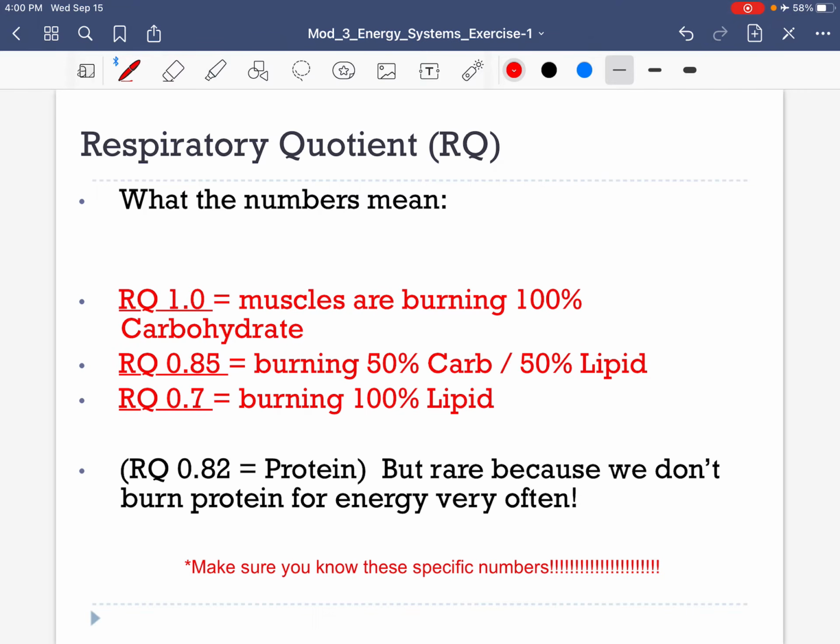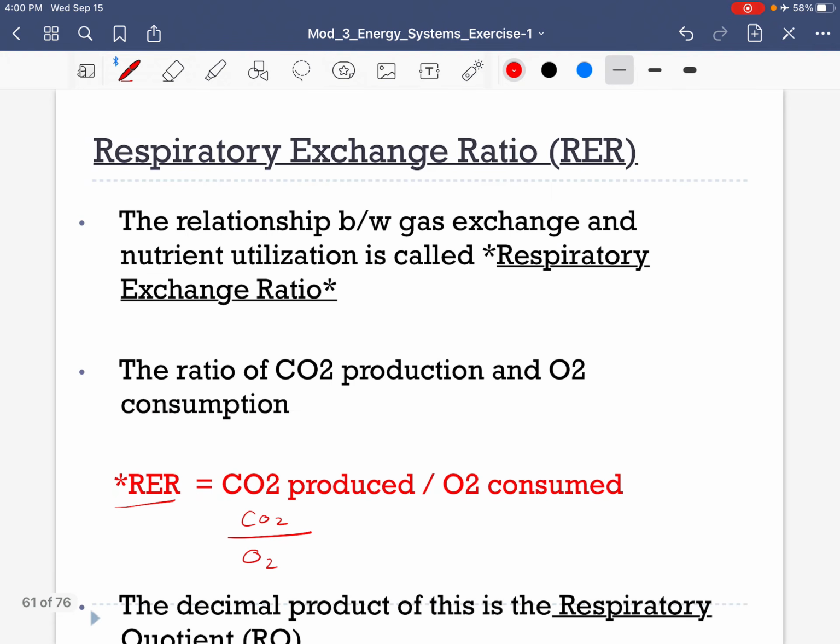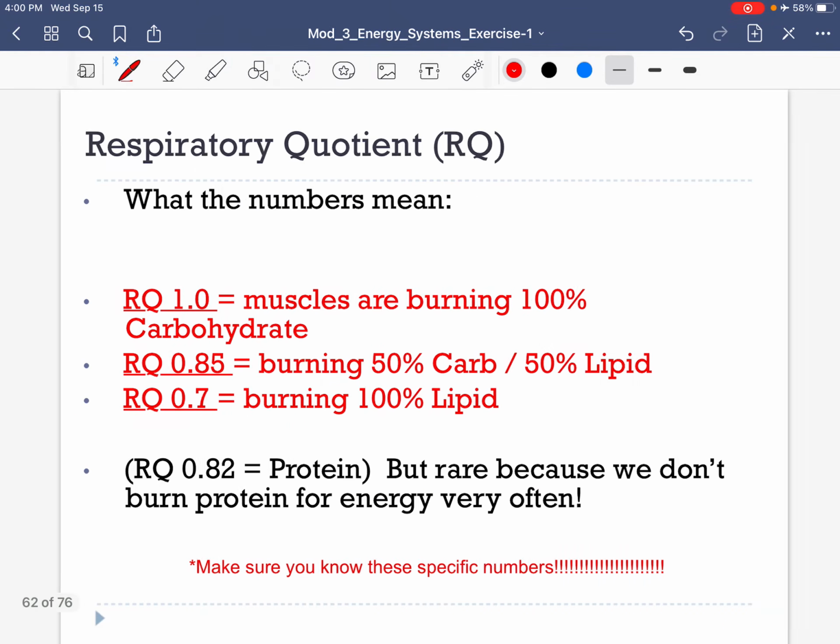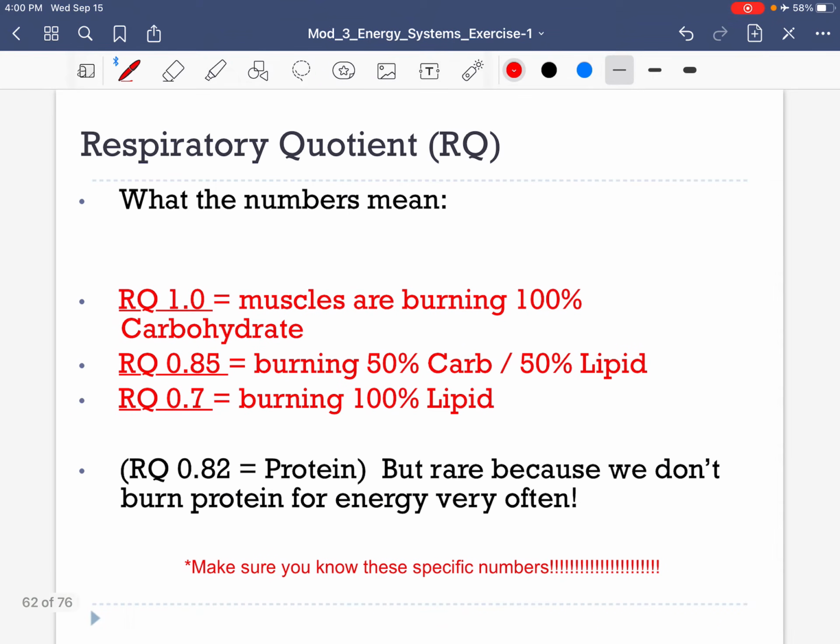So the RER or RQ, we're going to use these interchangeably. Technically, the actual formula is the RER, whereas whatever we get as a result is called the respiratory quotient, because the quotient is the answer we get from division. But we're going to use RER and RQ as the same, basically.